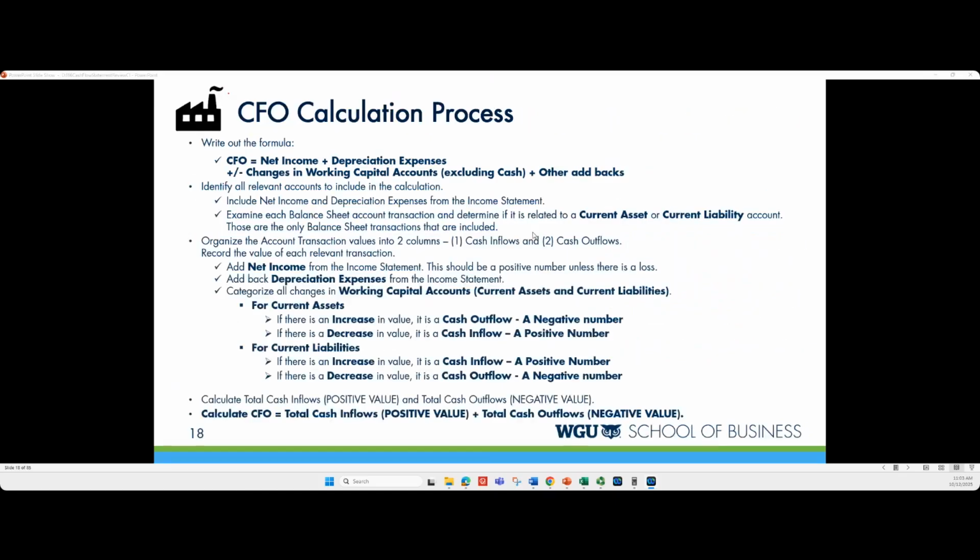Okay, this next slide shows you the cash flow from operations calculation process. I've taken that general format and now I have applied it to cash flow from operations. The first thing we're going to do is write out our formula. The next is identify all the relevant accounts to include in the calculation.